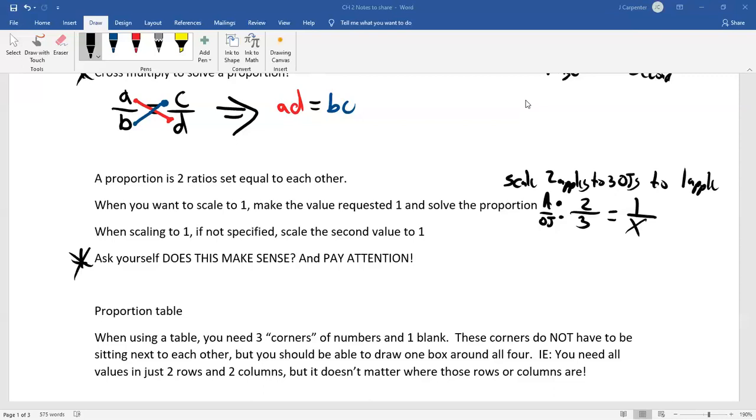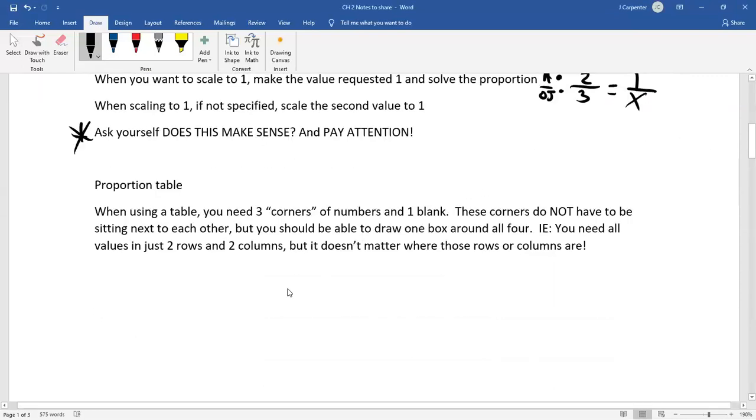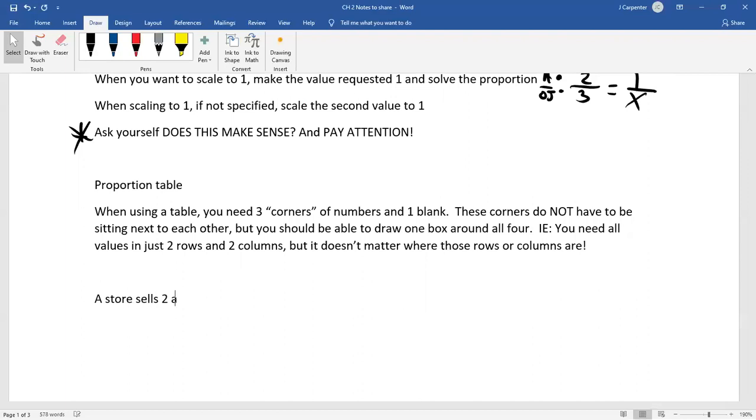So let's start out with a small one. And we're going to do apples and oranges. So I could have given you a problem, and I'll also draw it up as a table. But I might say, all right, a store sells 2 apples and 3 oranges on Monday.